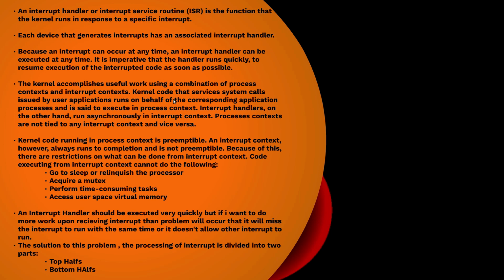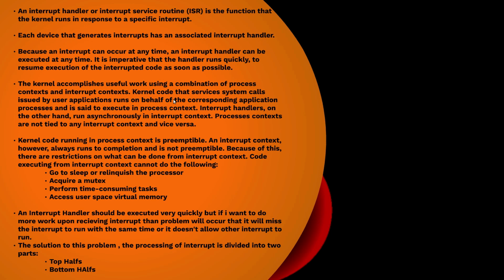The kernel accomplishes useful work using a combination of process context and interrupt context. So you can think of it as there being a difference between process context and interrupt context. Why are they different? Why is interrupt context separated?